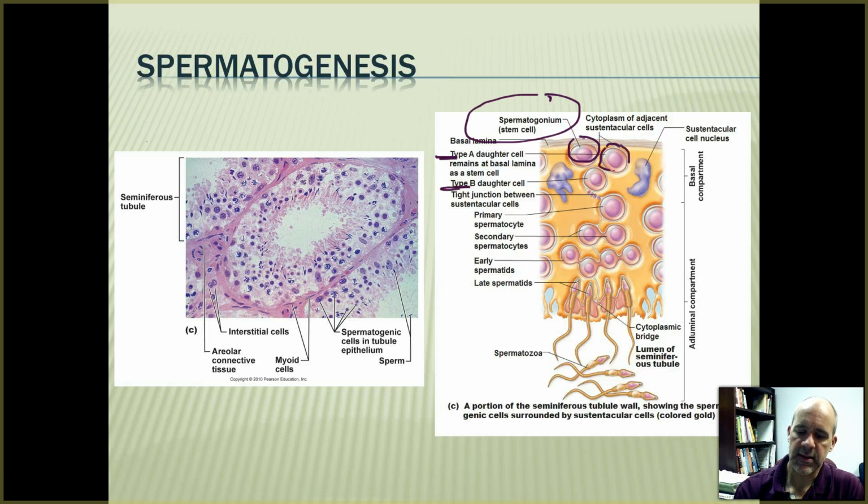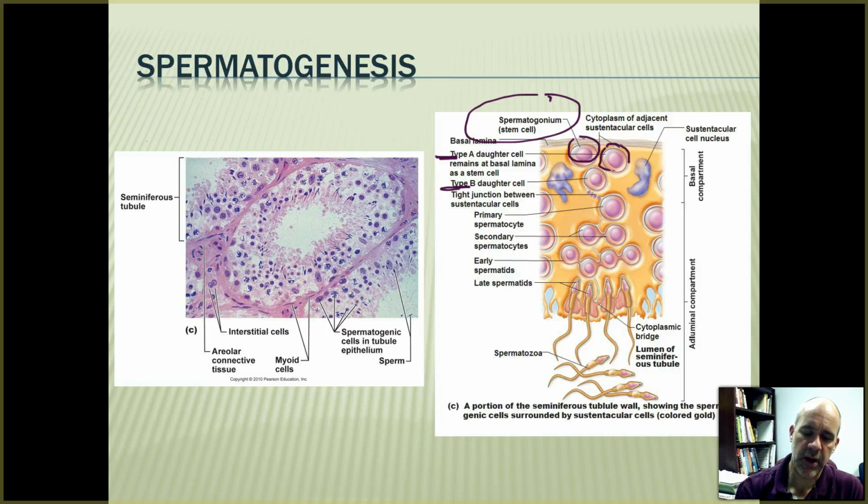The type A's continue to hang out near the edge of the seminiferous tubule, and they continue to offer a supply of cells that can divide and go through this sperm formation process. The type B daughter cells, now that cell division, by the way, spermatogonium going to a type A and a type B, that's mitosis. So you're going from a diploid cell to two diploid cells.